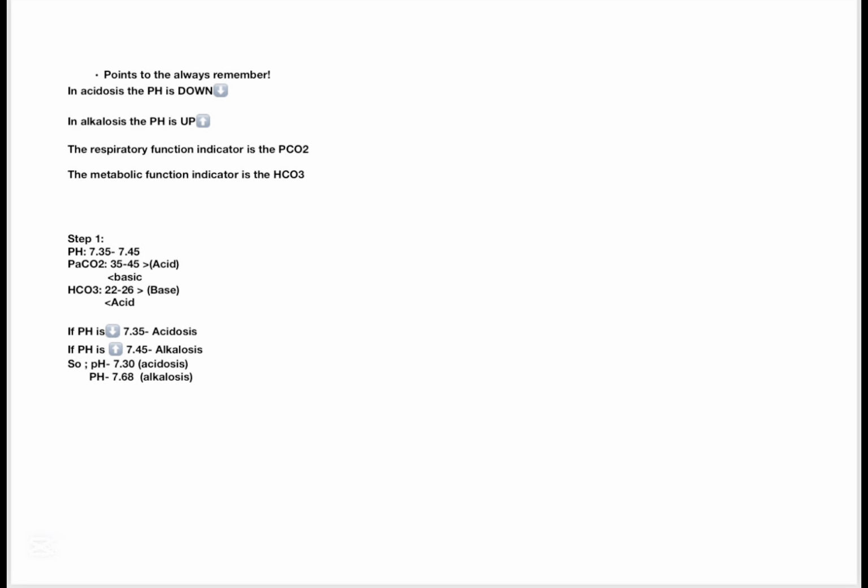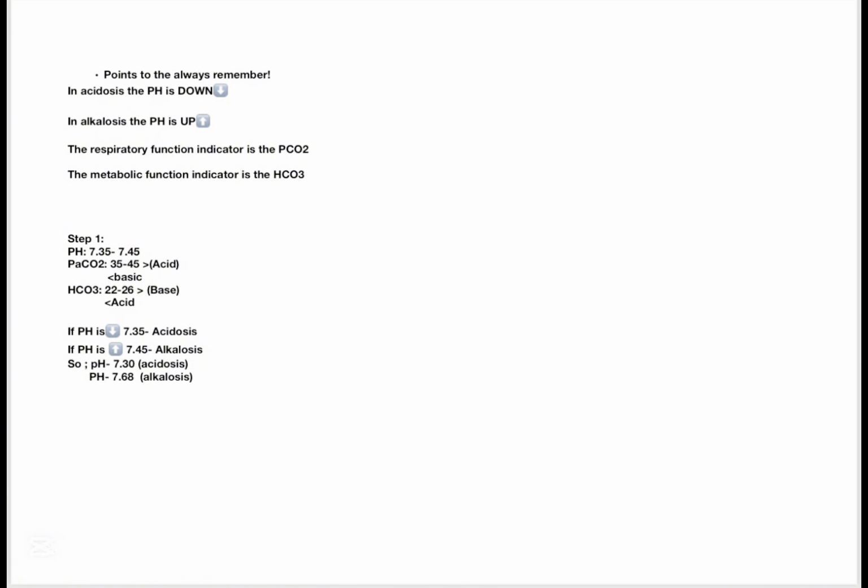So talking about step one, we have to check if it is acidosis or alkalosis, and we'll do this by checking the pH. Given the normal values, pH is 7.35 to 7.45, so lower than that is acidosis, higher than that is alkalosis. Also let's look at the CO2. CO2 is 35 to 45, and we said that CO2 is equivalent to the acid.